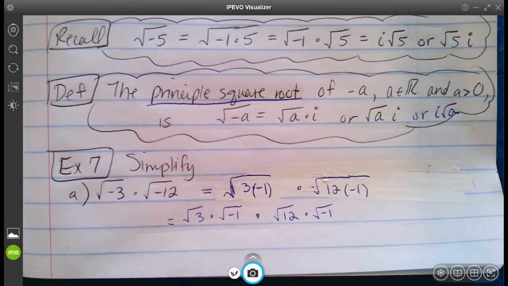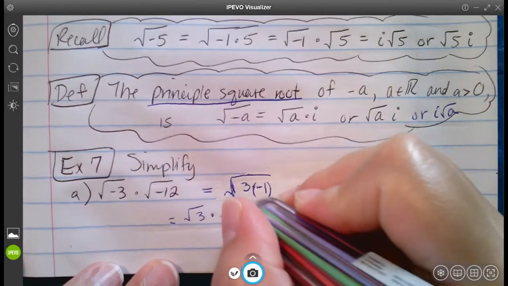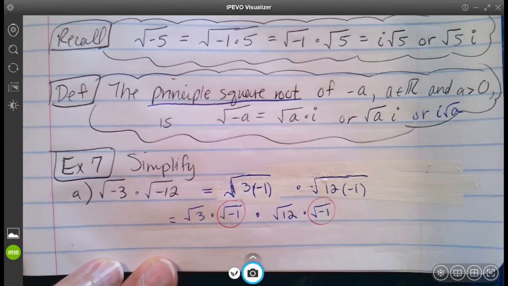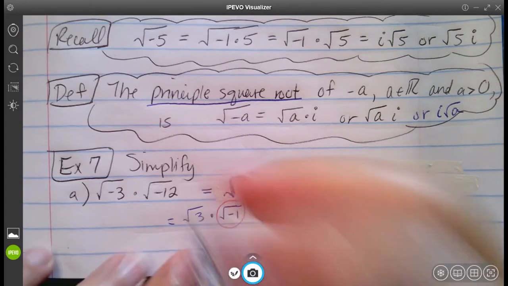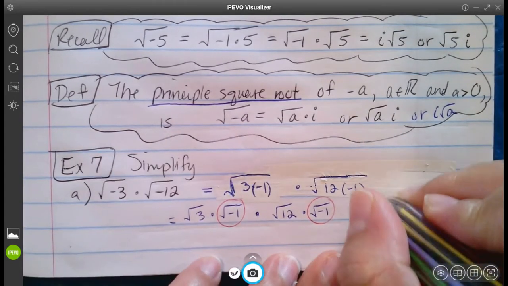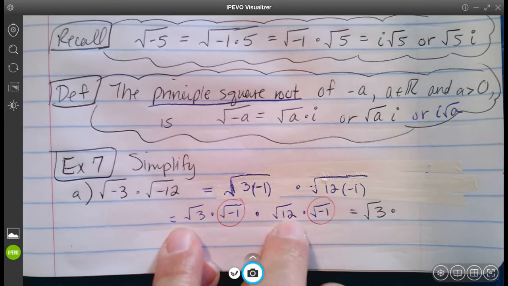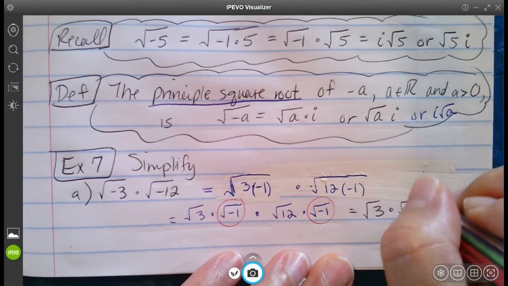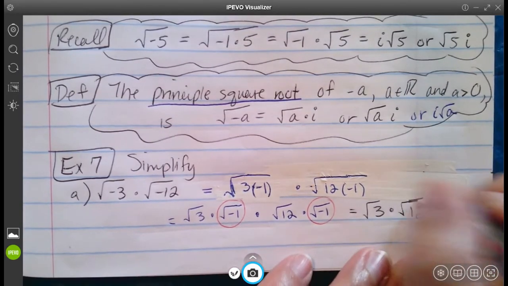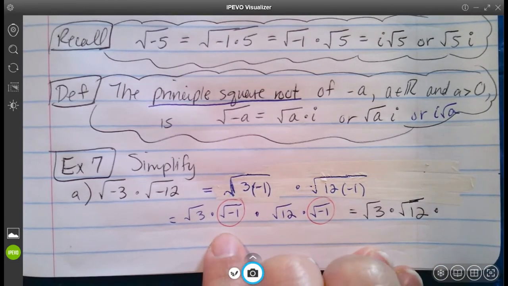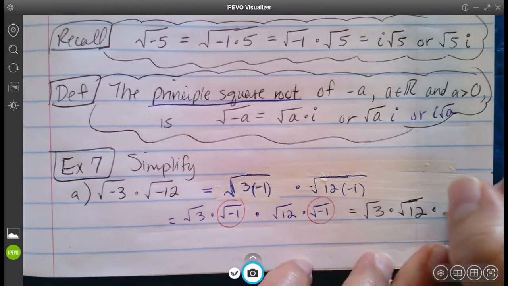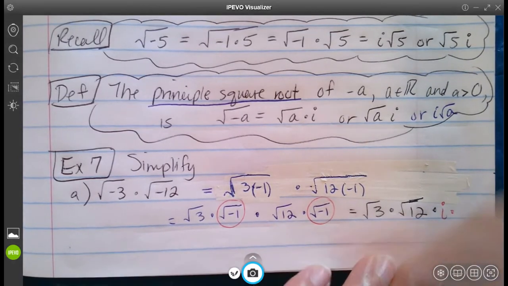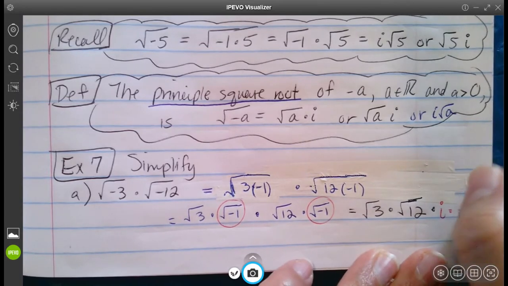We can see from here that our square roots of negative 1 are each going to be equal to an i. So let's rewrite this again. We have the square root of 3 times, I'm going to put these two together now, the square root of 12, times our first square root of negative 1, which is that i, times the second square root of negative 1, so times another i.